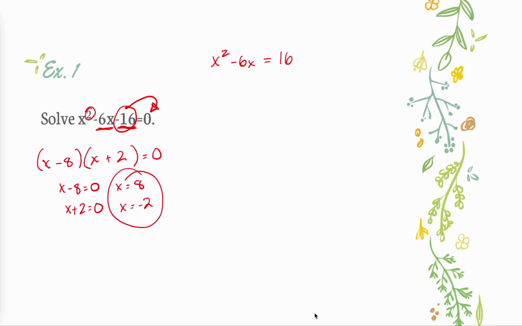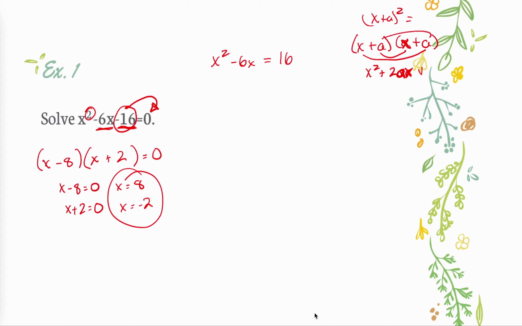Now, think about when we have x plus some a and we square it, right? This would be x plus a squared. We would FOIL this, and we would get x squared plus xa plus xa, which would be 2xa, or let's call it 2ax.